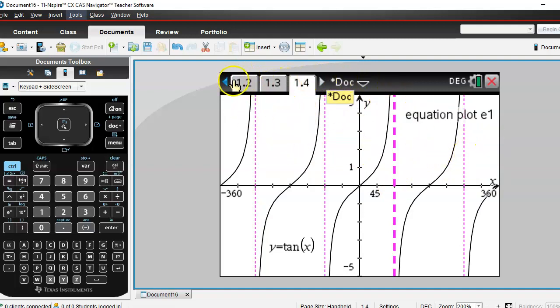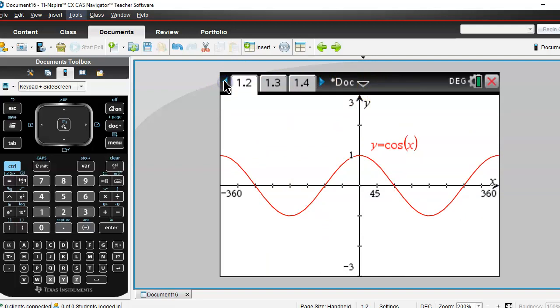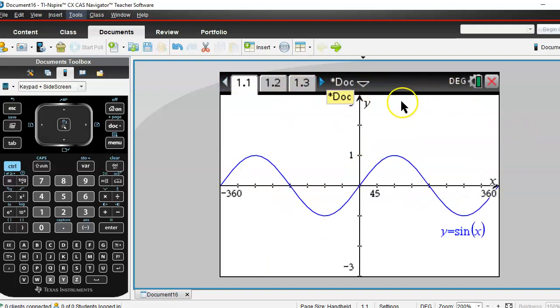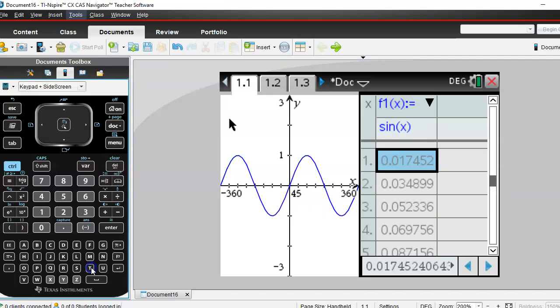Now let's go back to my sine while I'm here. A nice little thing when you are using your CAS calculator, on a graph page, is that Control T brings up a table of values. So you can see my x values here, and that's my function, sine of x.